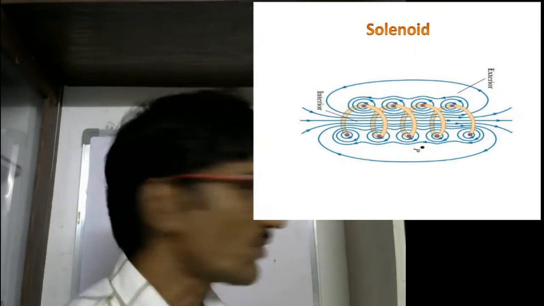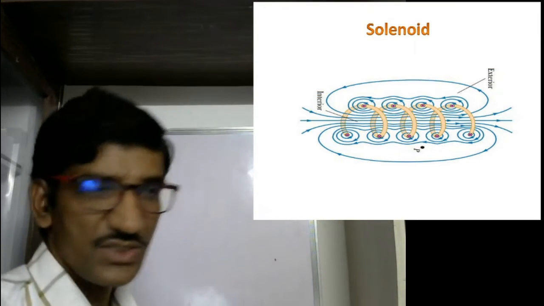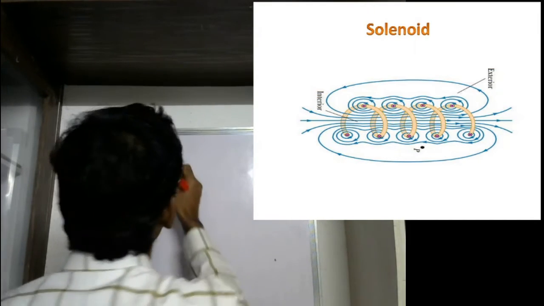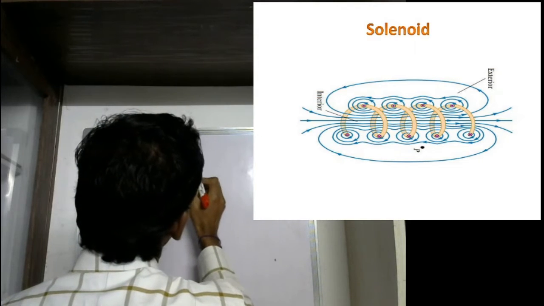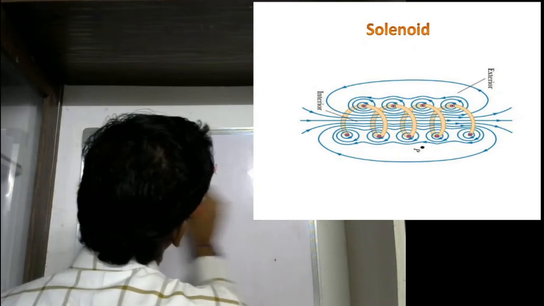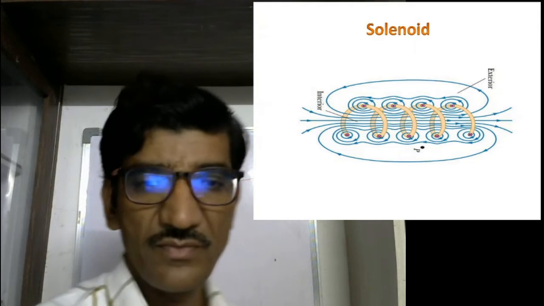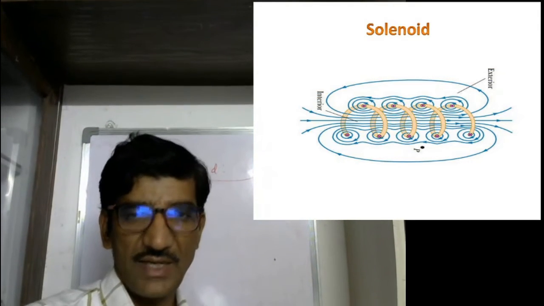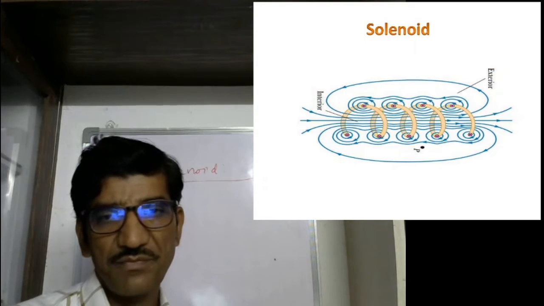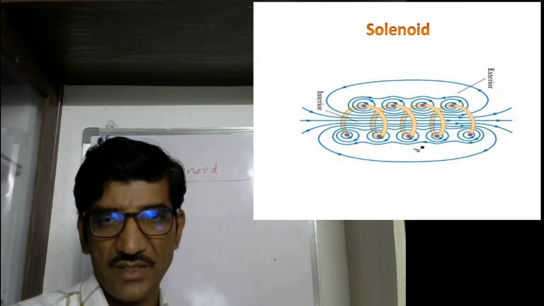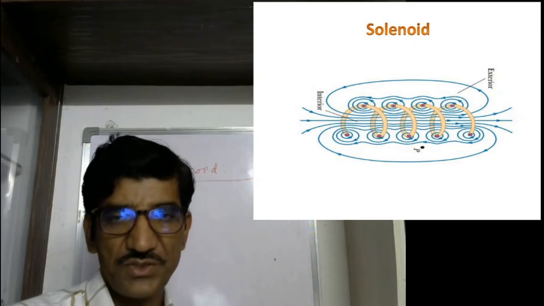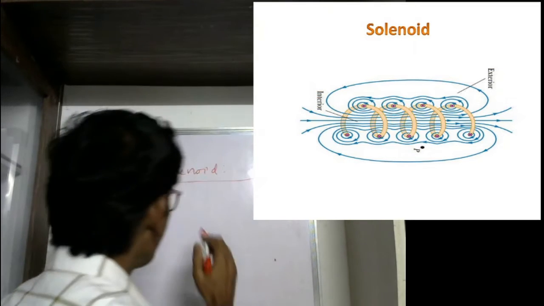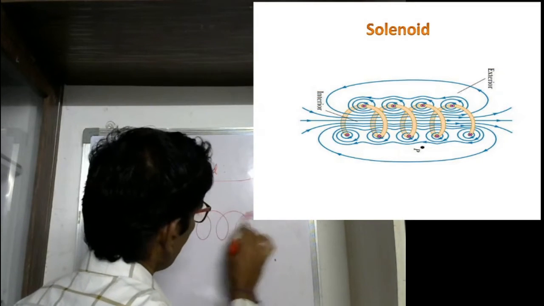You see, this is the solenoid. What do you mean by the word solenoid? It is a coil. Solenoid is nothing but a coil with a current flowing through it.